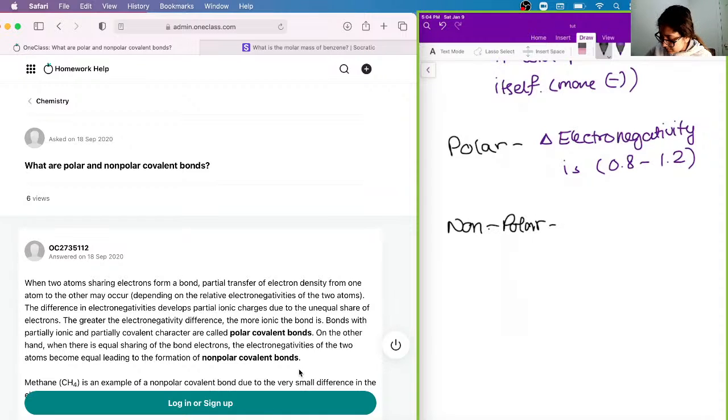Nonpolar bonds are where your electronegativity difference is really small, like 0.2 to 0.6 or something.